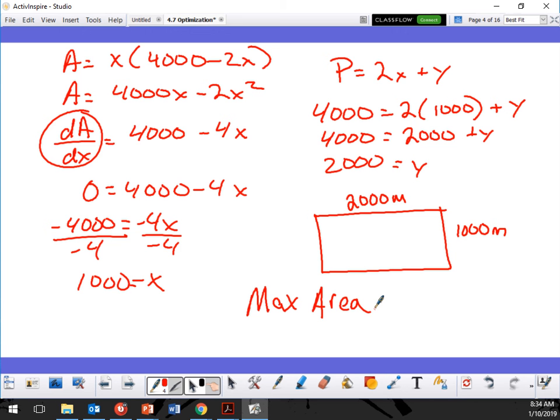So the maximum area I would get out of this would be length times width, or x times y. So it's going to be 2 with 6 zeros, and that's going to be meters squared. Was that 2 million? Yes. That's a lot. You're maximizing a lot of area.